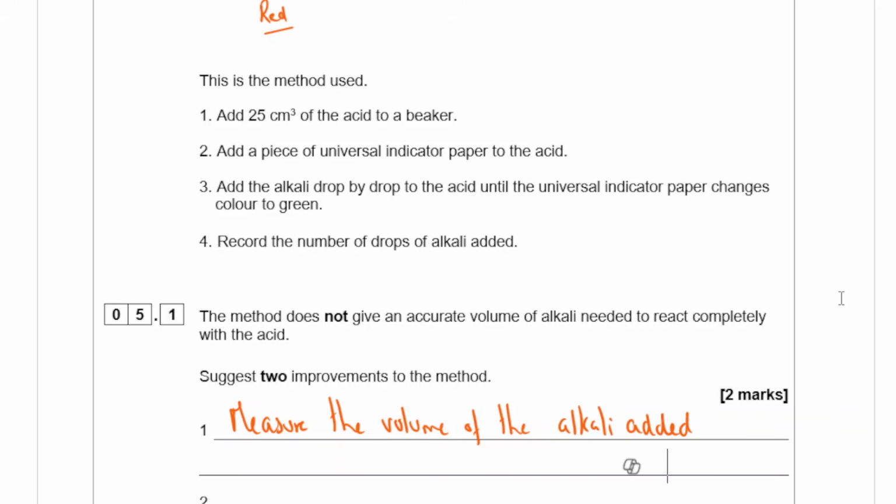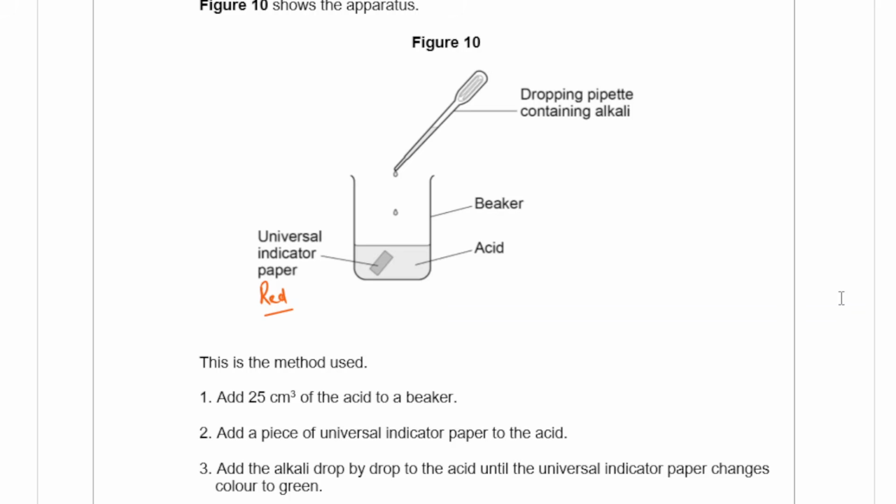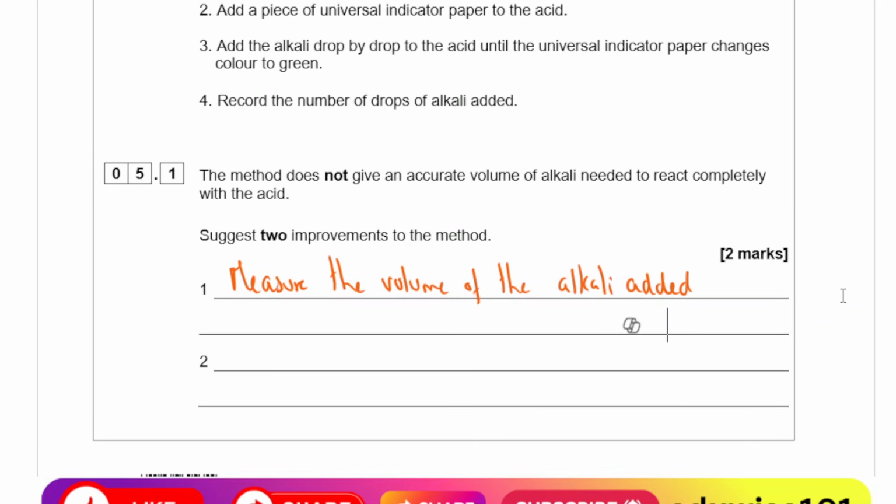Instead of using a dropping pipette, you could add it using a burette, which basically is that long glass tube when you're adding titration, which looks like this and which has a tap, and you can actually make the measurements. So that's your burette. That would actually be more accurate.